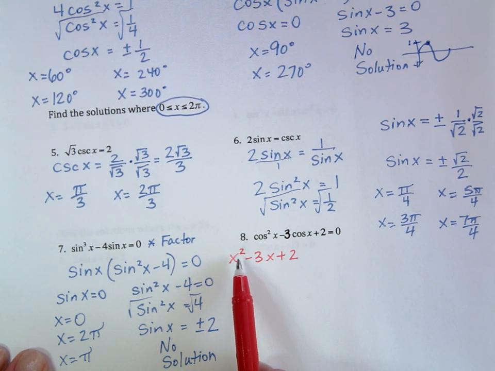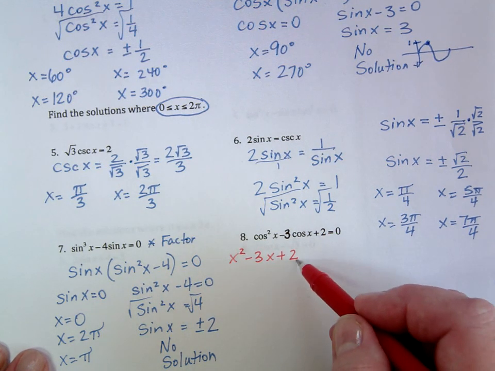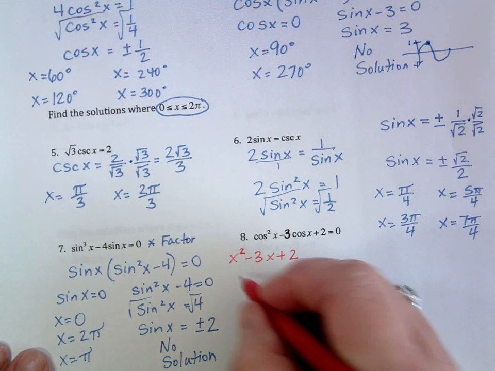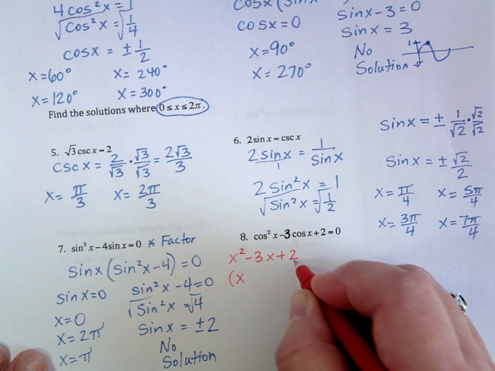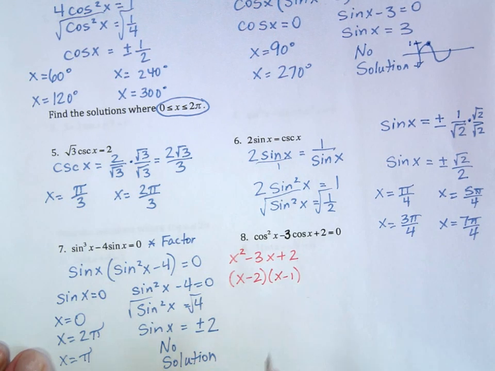So I know how to factor something like this using my rules for factoring from back in the day. I need two numbers that multiply to 2 and add to be a negative 3. Regular old factoring back in algebra would say two numbers that multiply to 2 and add to negative 3 would be negative 2 and negative 1. Let's check it. FOIL it back. X squared minus x minus 2x gives me minus 3x. Minus 2 times minus 1 gives me positive 2.